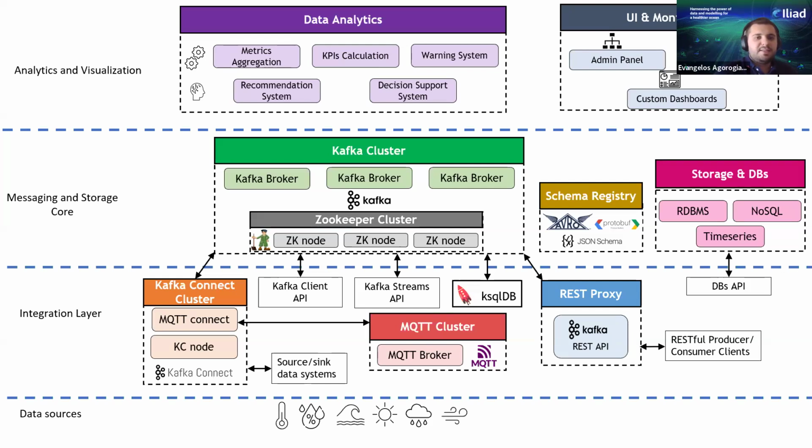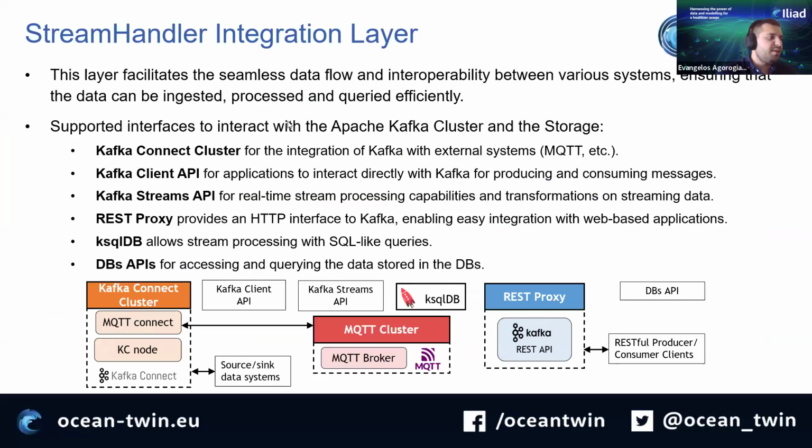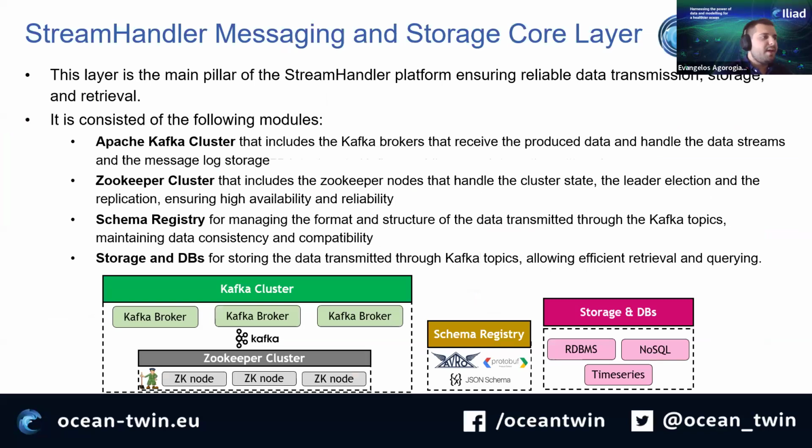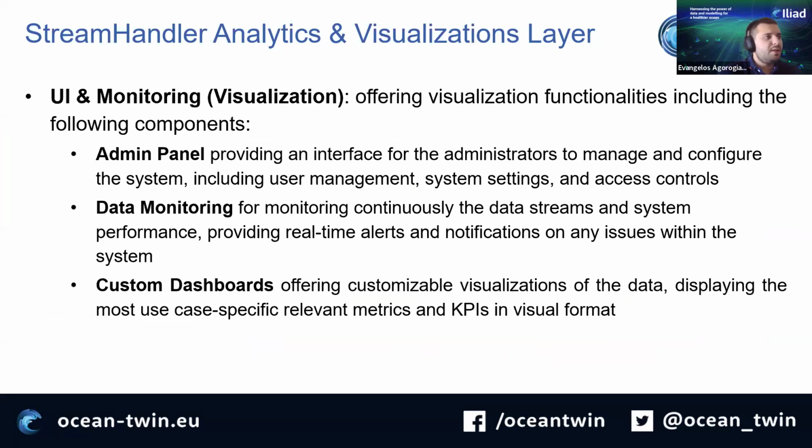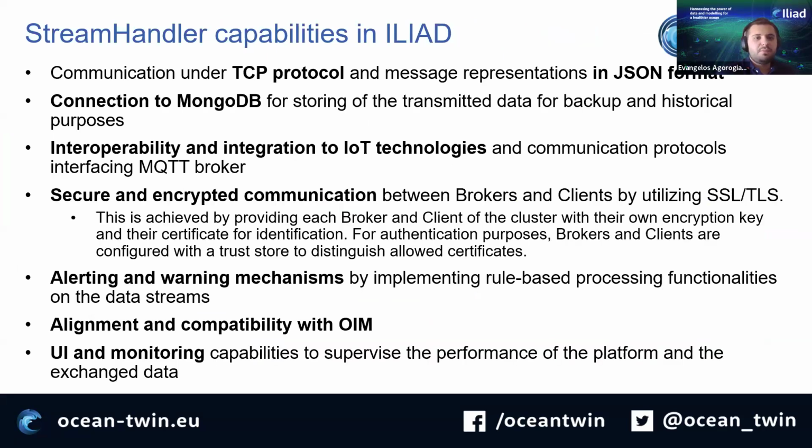As discussed already, we have presented all the layers of the platform, and now we're going to focus a little bit on the capabilities of the platform and how it is used in Iliad.